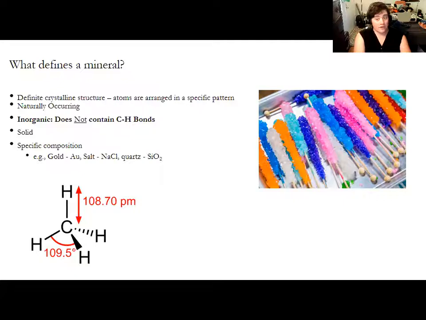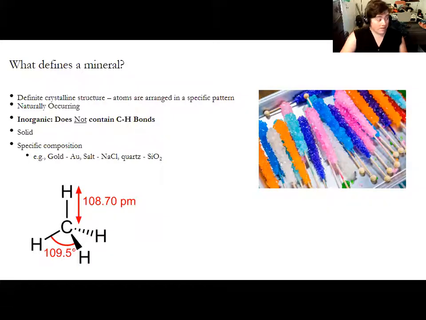The sugar has carbon-hydrogen bonds, so that alone makes it not a mineral. Yes, it's a solid. Yes, it's a crystal. Yes, it does have a specific composition, but it's made of sugar, which is organic. So it's a little bit of hair splitting, and the organic thing does get a little more complicated when you get into more advanced geology and start talking about the fact that some minerals are synthesized in the bodies of shellfish in particular.